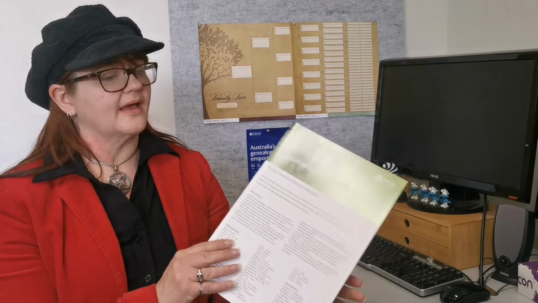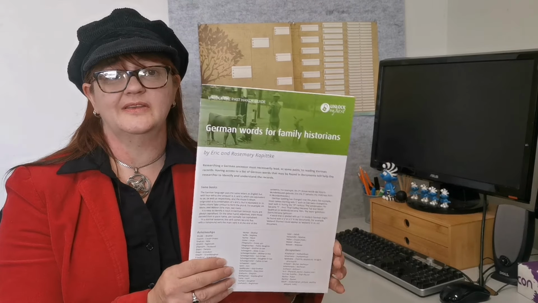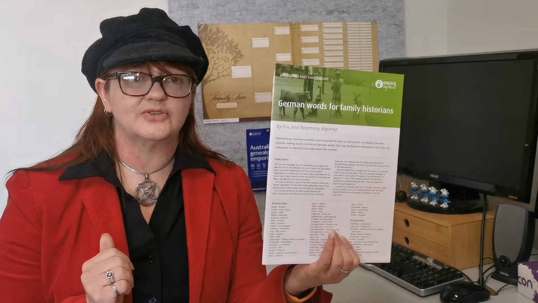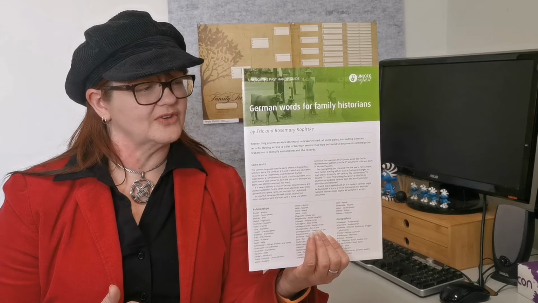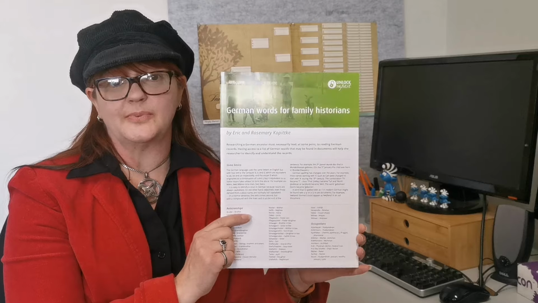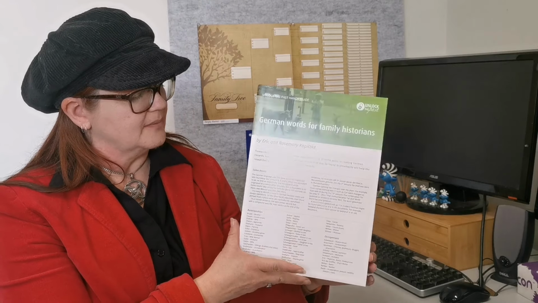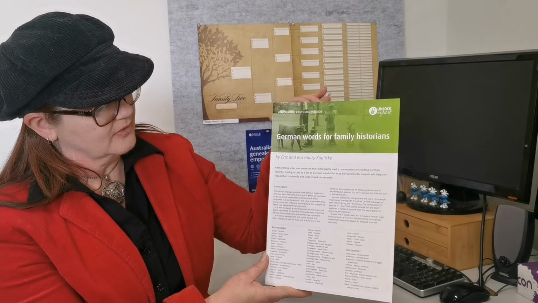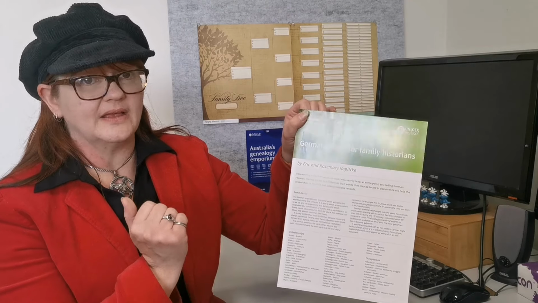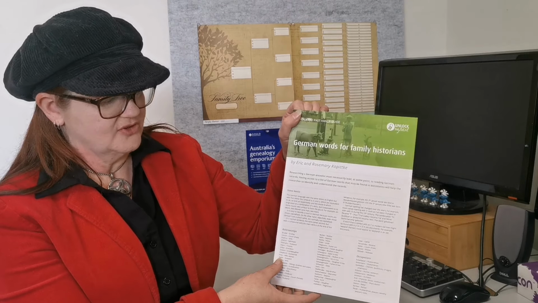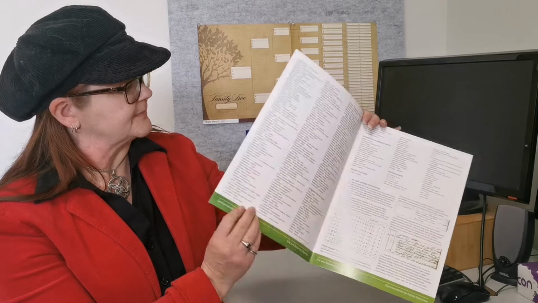Now, next one I have is German Words for Family Historians. Obviously, if you're getting into a foreign country, you're dealing with a foreign language, and this is going to help you with the language as far as German goes. It's a short handy guide published by Unlock the Past, and it basically details the German word and the English word for relationships, for occupations.